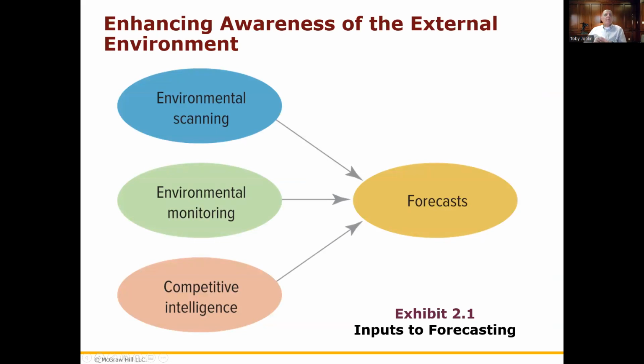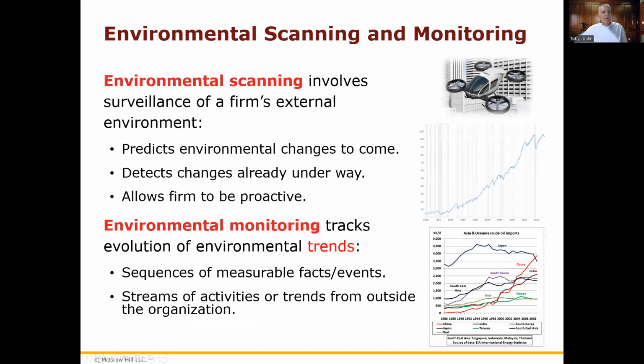So your authors talk about three different types of inputs into forecasts: environmental scanning, environmental monitoring, and competitive intelligence. And environmental scanning and environmental monitoring sound pretty similar. That can get confusing. And so let me explain what the difference is. So I think environmental scanning, this first definition here, is like a snapshot.